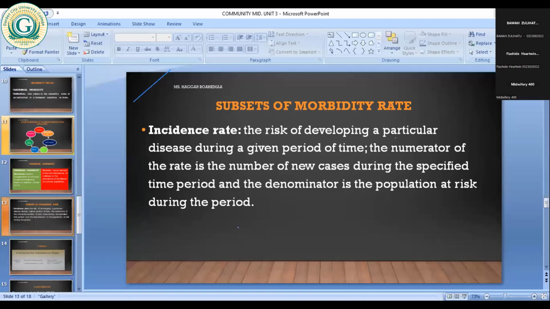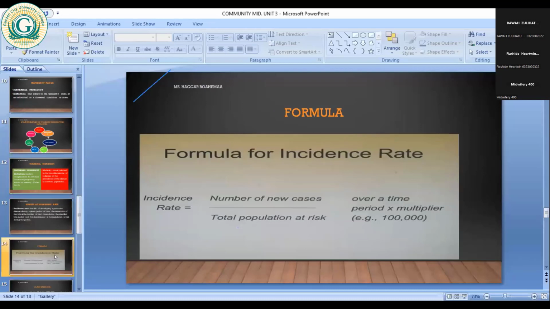Okay, all right. So we are looking at the incidence rate. So this is the formula. The incidence rate is the number of new cases over the total population at risk. So if we want to calculate the incidence of, for example, anemia at the antenatal clinic, it is the number of new cases of anemia you are getting over the total population at risk of getting the anemia.